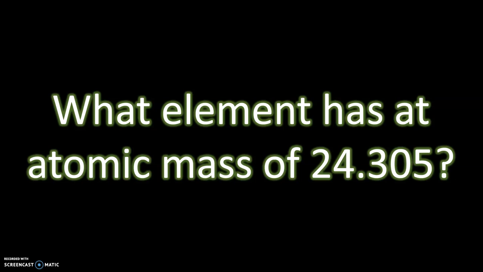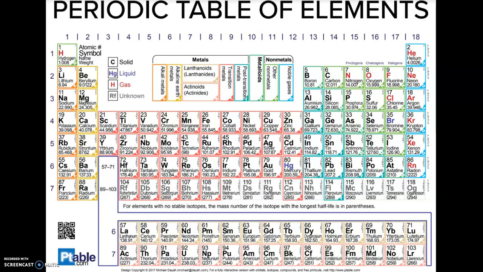So a question like this would be, what element has the atomic mass of 24.305? Now, for the most part, just like atomic number, these go in order. So the atomic mass of 24.305 we would look for here. So we're at 20, 22, 24.305 would be magnesium.